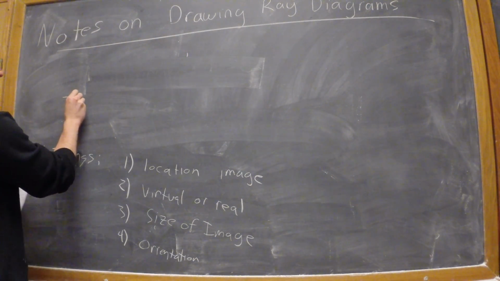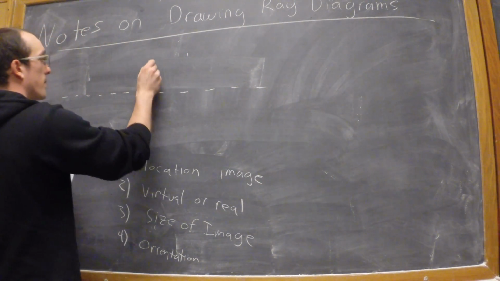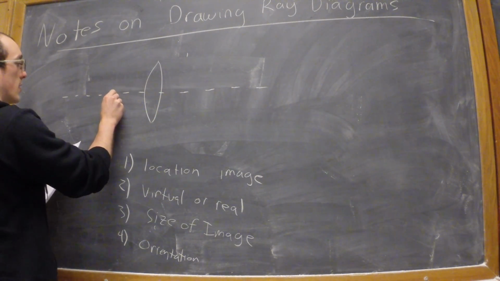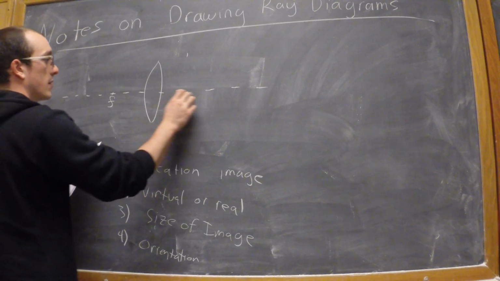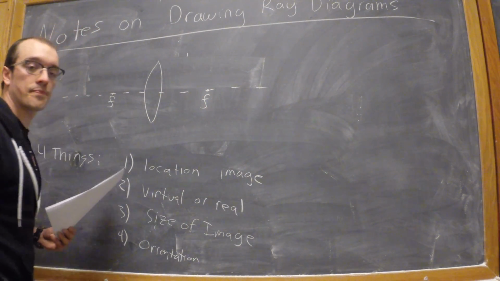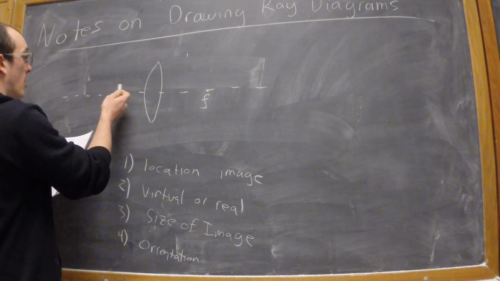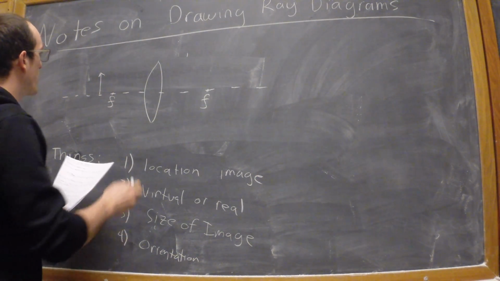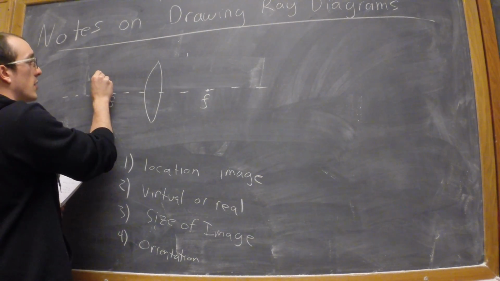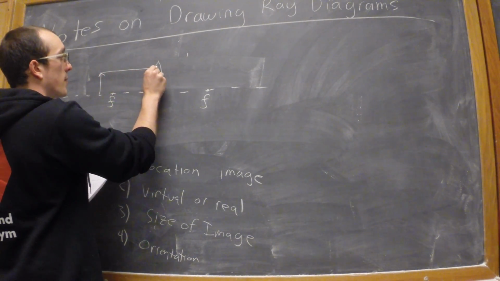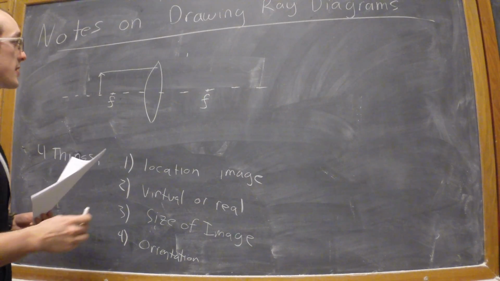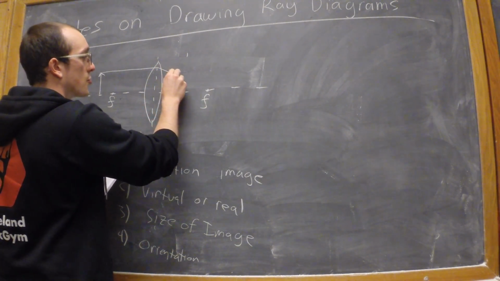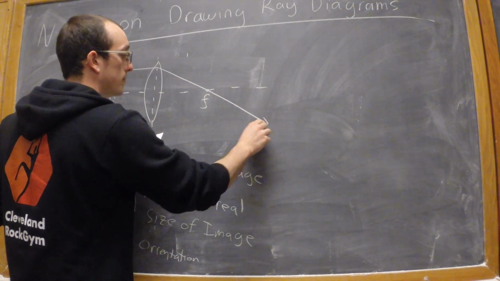So if we have our principal axis coming across, and then our lens, we have focal point here and here. We draw our image as an arrow, and the first line that we draw goes from the top of the arrow and then parallel to the principal axis until it gets to the center of the lens, and then it bends in a straight line down through the focal point.